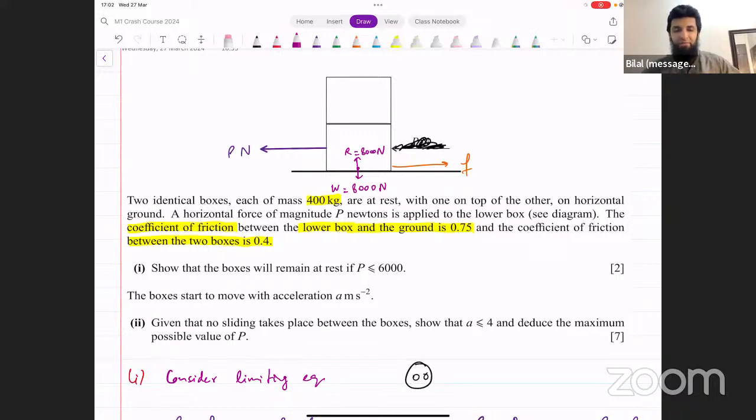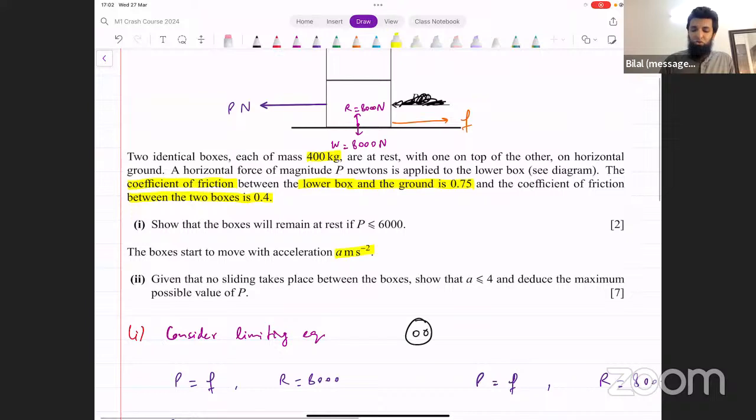The force is acting towards the left side, so the boxes start moving towards the left side. And they start moving at an acceleration of A meters per second square. And now it says, given that no sliding takes place between the boxes, show that A is less than or equal to 4, and then deduce the maximum possible value of P.